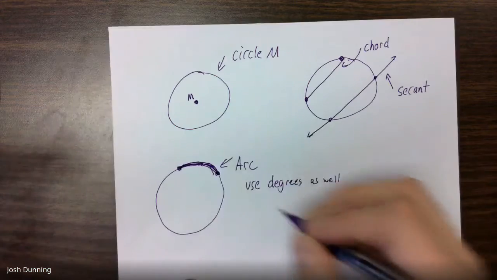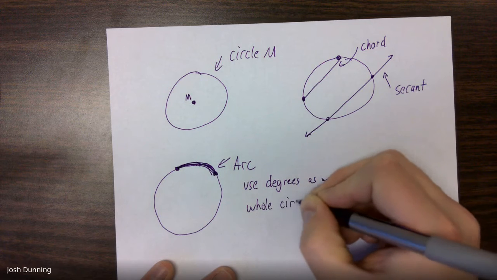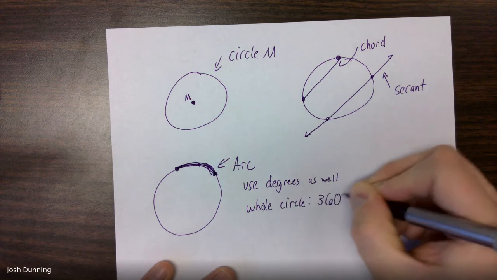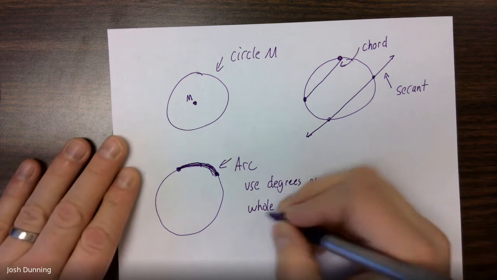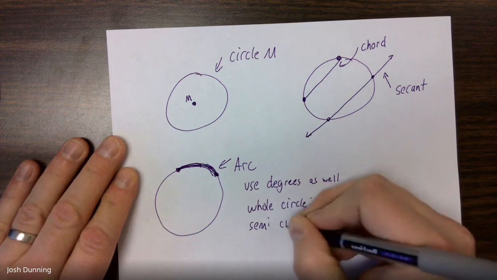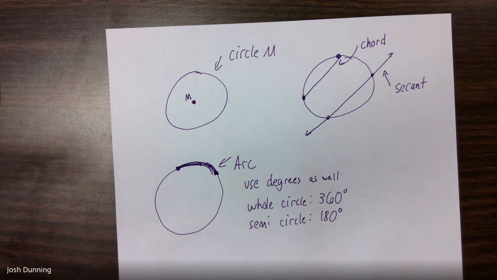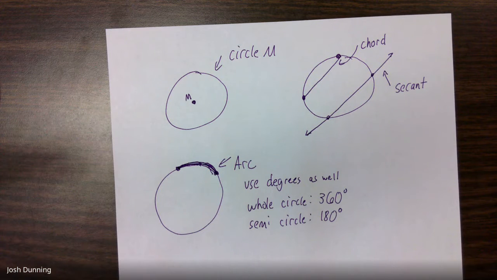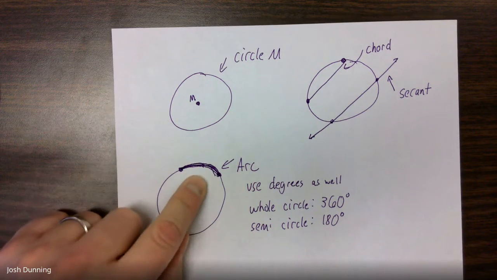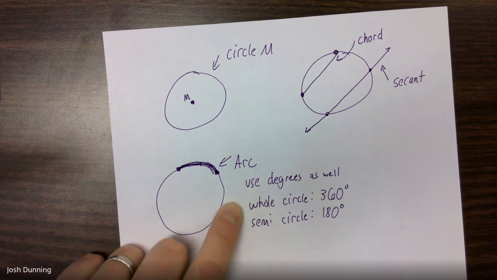And a whole circle in arcs is 360, just like before, and then a half circle, a semicircle, 180 degrees. At some point down the road, we're going to use length like centimeters or inches to talk about arcs as well. But for now, we're just going to use degrees.